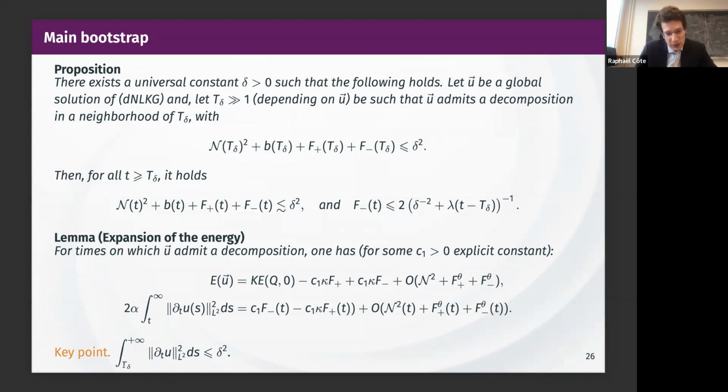The integrated version is small, and this tells you that you remain near a soliton and are able to have this stability result, which is really at the heart of the results.